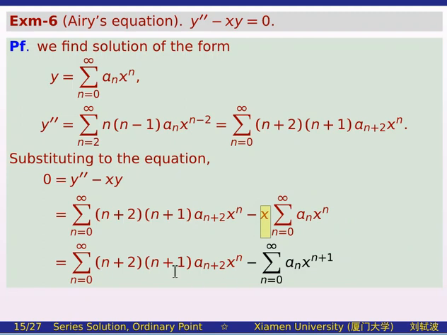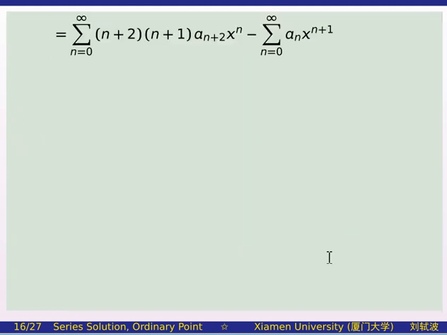So I copied the last line of this computation to the beginning of the next page. That is here. Now, how to deal with this? We will change the index of the second summation. Because in the second summation, when n is 0, the power of x is 1. But in the first summation, the power of x starts from 0. That is the constant term.